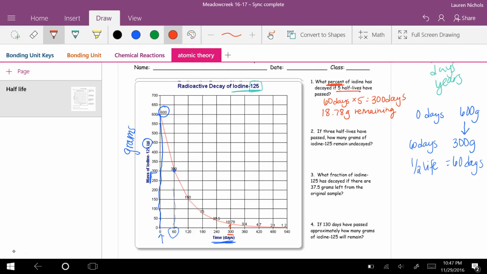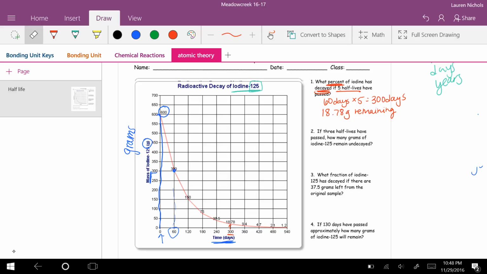But they want to know how much has decayed. So how much has already left? If they asked us what percent is remaining, we could turn this into a percent here. But they want to know how much has already decayed, how much has already left.